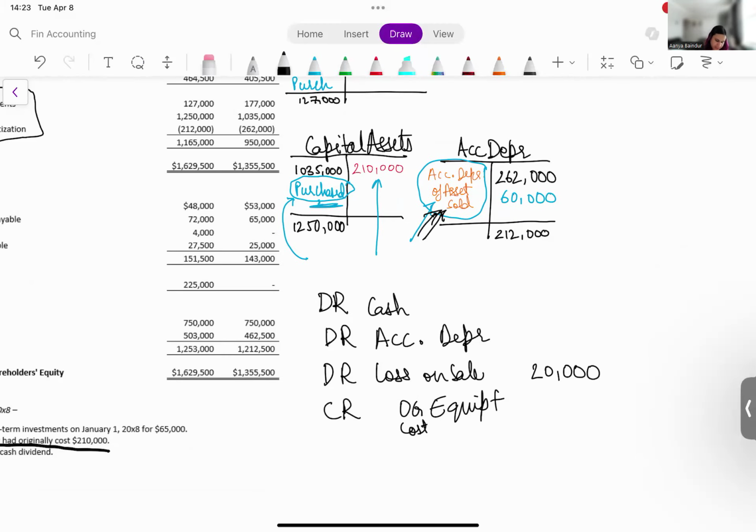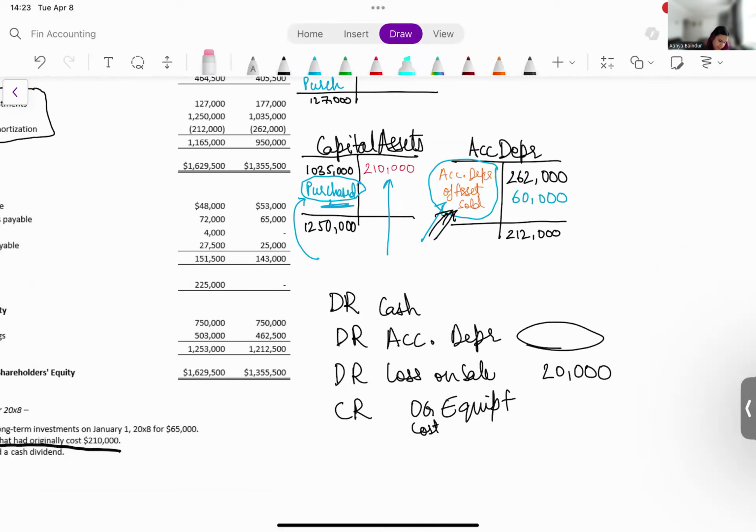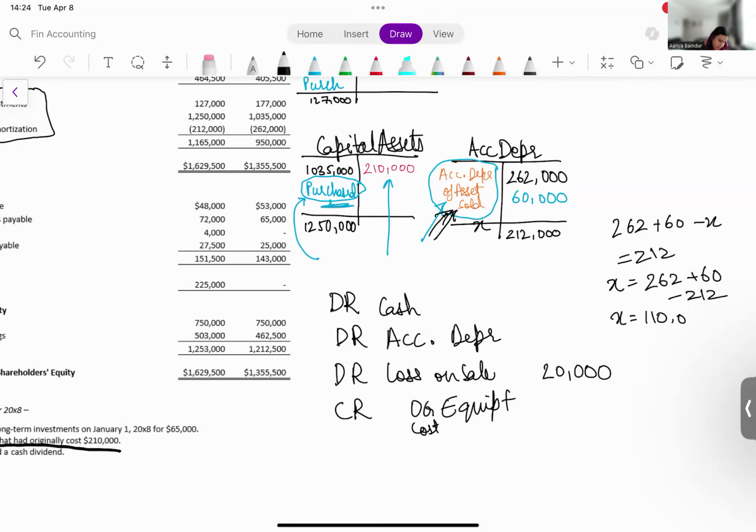Now let's see what the missing accumulated depreciation in this is. It's a simple enough equation to solve. So that's 262 plus 60 minus x, assuming this is x, is equal to 212. So we can just take this on the other side. That gives us x is equal to 262 plus 60 minus 212, which gives us an x equal to 110,000.